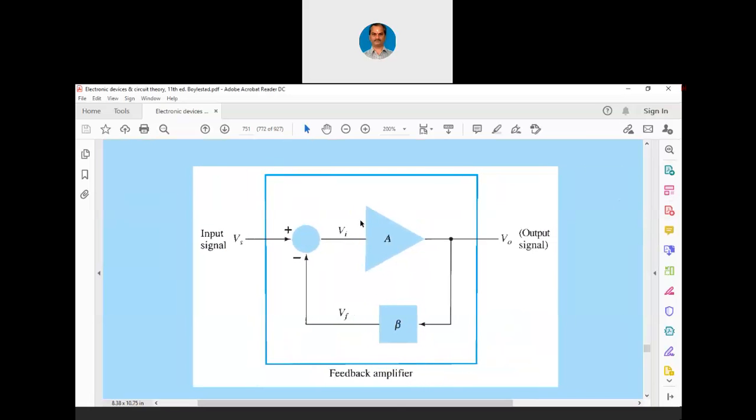So in the middle, we have this A. A is the amplifier, and I had already told you why the amplifier symbol is like this. In the first module itself, I had told you. Anybody remembers? If anybody recalls, you can tell me why this amplifier symbol is like this.